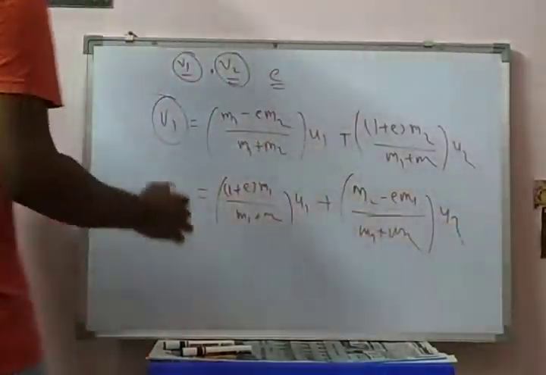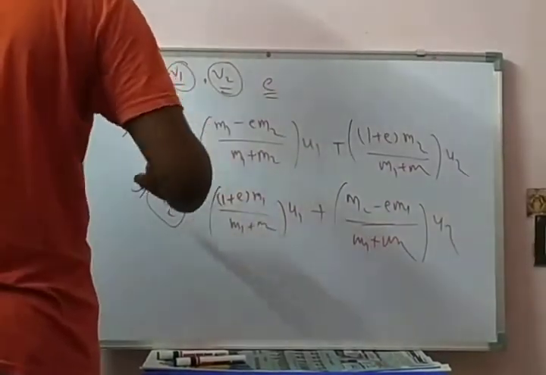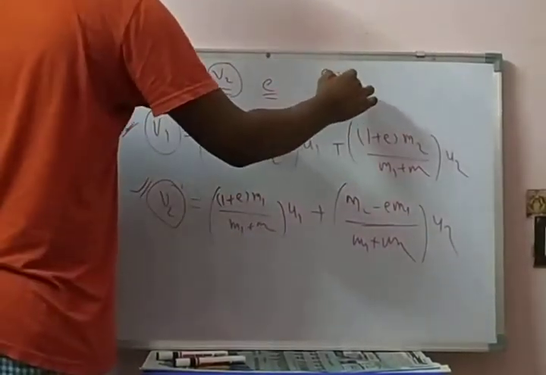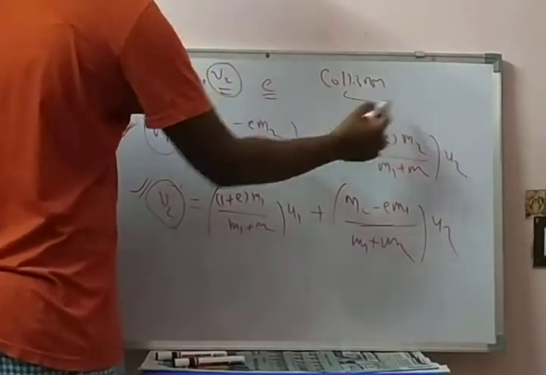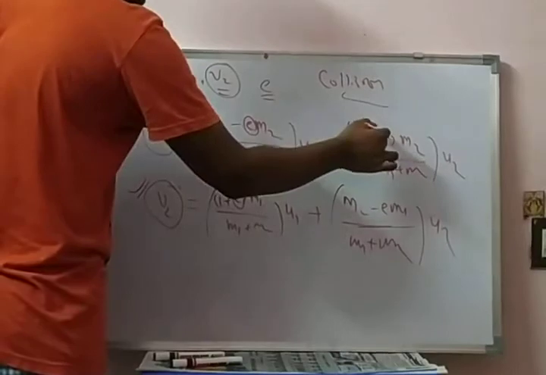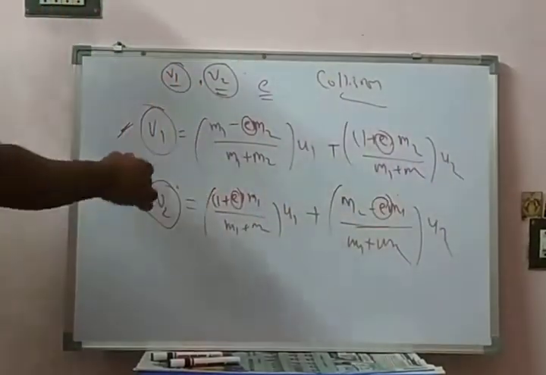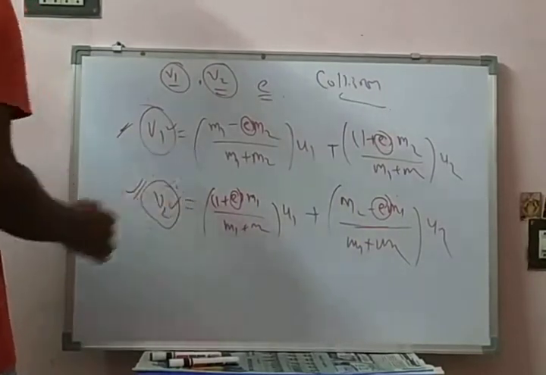So this is the formula to find v1 and v2 for a collision. So by using e, the coefficient of restitution, we can find the values of v1 and v2 easily.